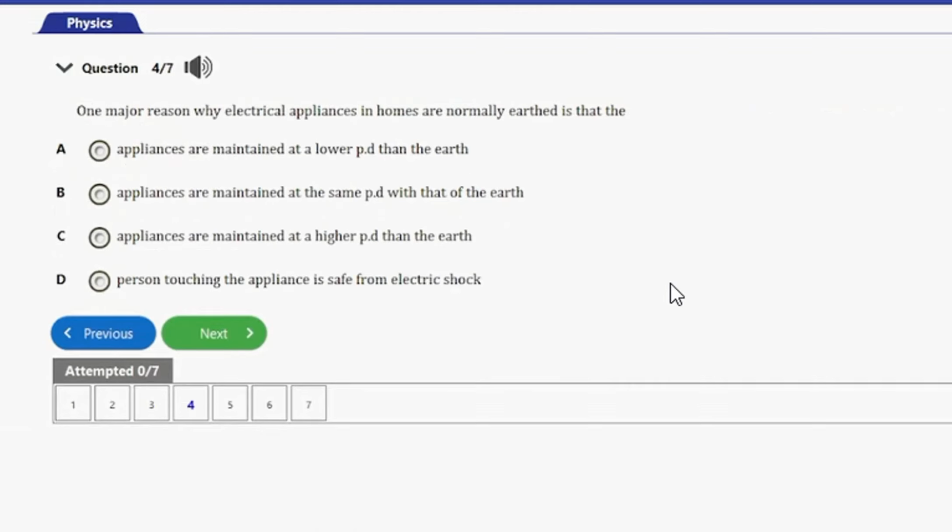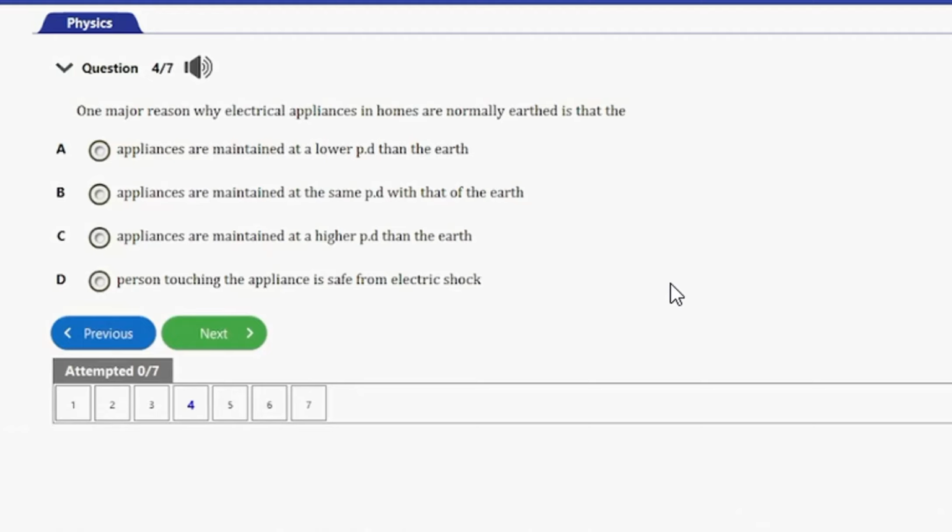So that's question number 4 here, and the question here says, one major reason why electrical appliances in homes are normally earthed is that A, appliances are maintained at a lower potential difference than the air. B, appliances are maintained at the same potential difference with that of the earth. C, appliances are maintained at a higher potential difference than the earth.